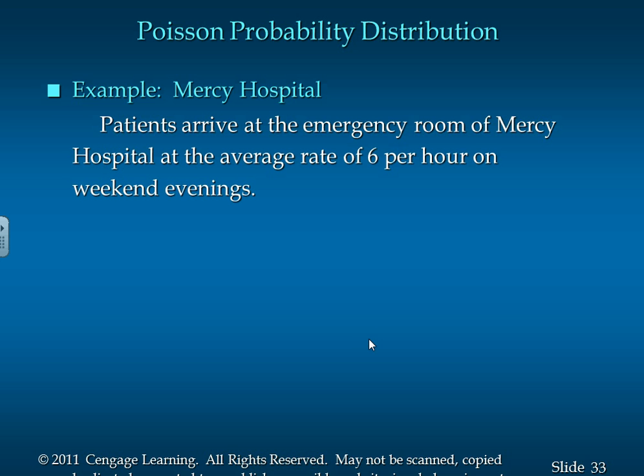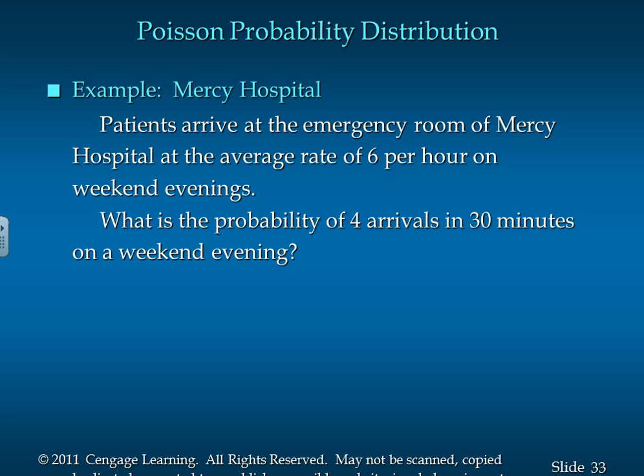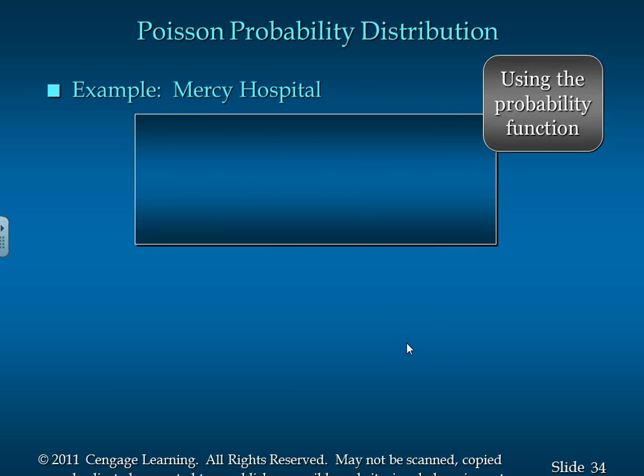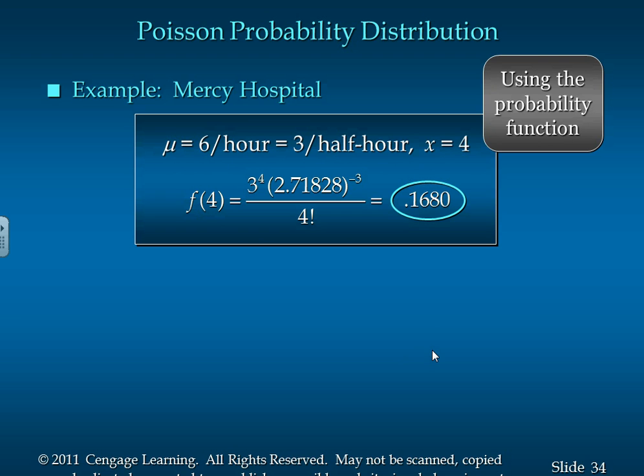Okay, so patients arrive at the emergency room at the rate of 6 per hour on the weekdays. What is the probability of 4 arriving in 30 minutes? All right, so using the probability function, I have 6 an hour means 3 every half hour.